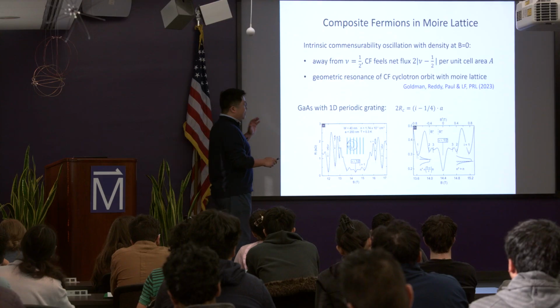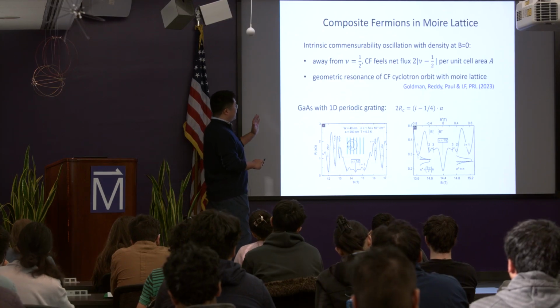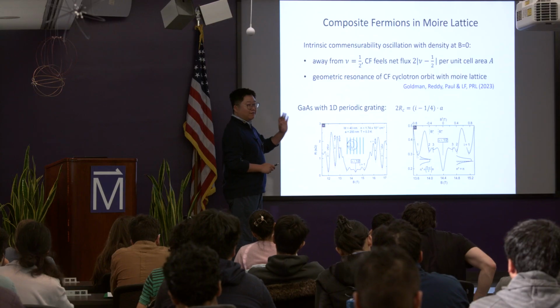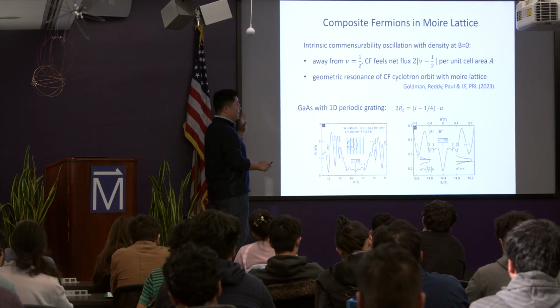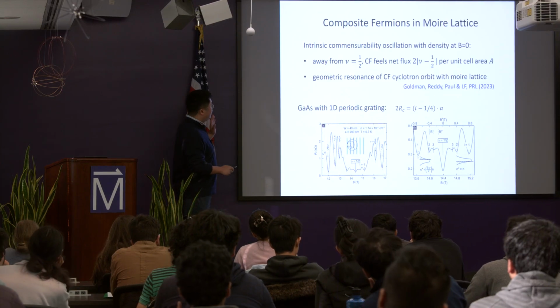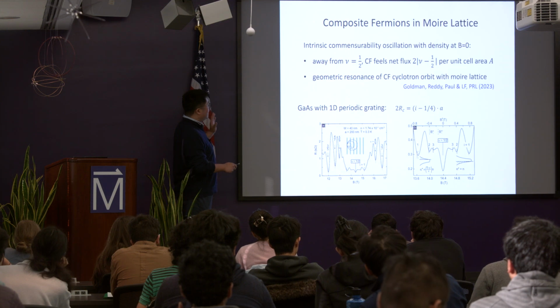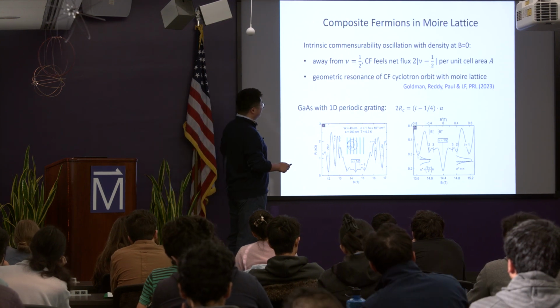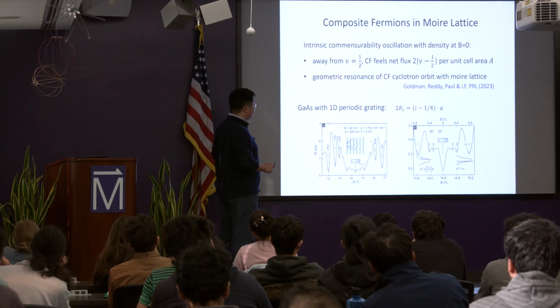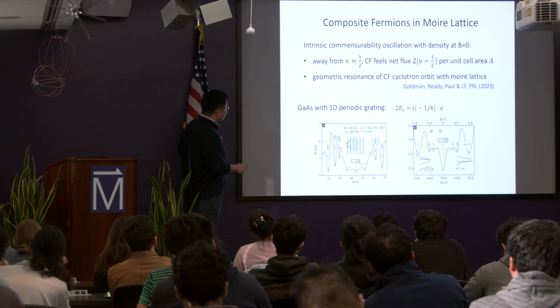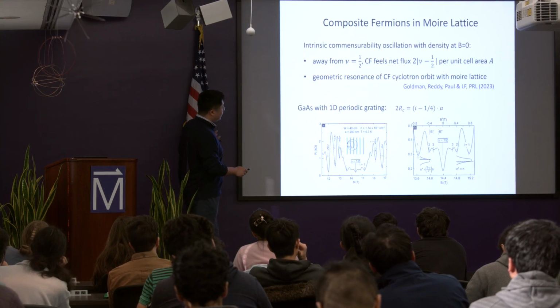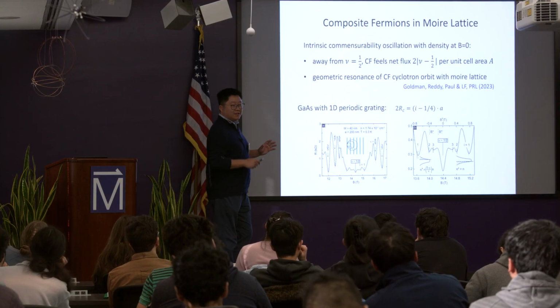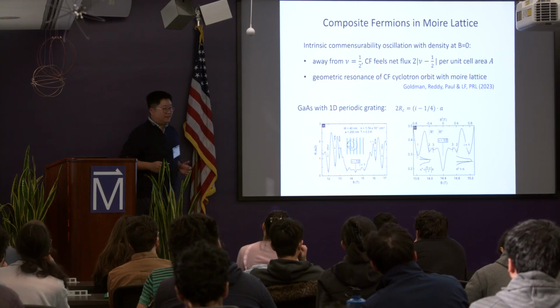Keeping the magnetic field at 0, if we just change the electron density, at half filling the composite fermion sees 0 net flux, but away from half filling, it will experience a flux given by 2 times the deviation from 1/2. And when this flux gives rise to a resonance between the composite fermion cyclotron orbits and the Moiré lattice, we would expect an oscillation, right?